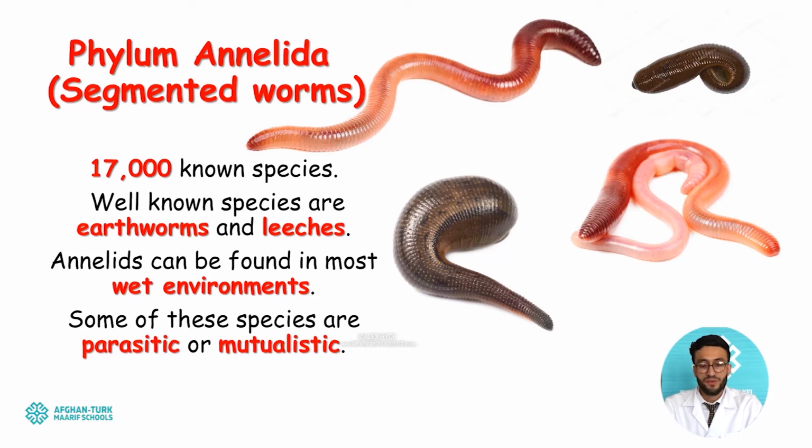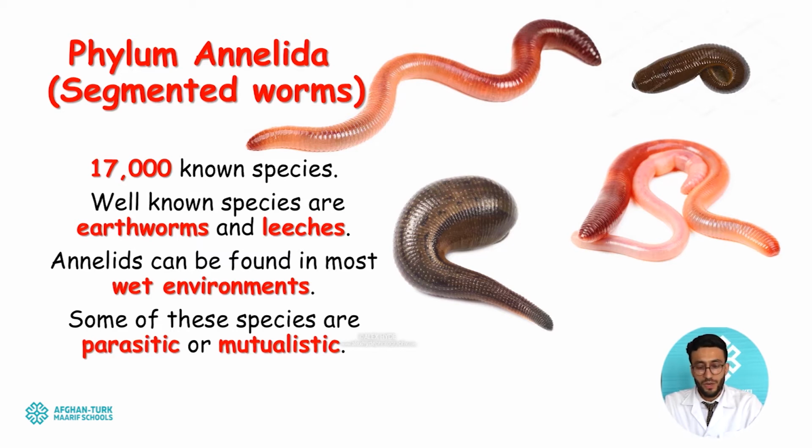For example, phylum Annelida refers to those animals whose body is cylindrical and segmented. As you are seeing in this picture, you can find the usual structure of the earthworm or the leech. You can see that their body is segmented. Therefore we call it phylum Annelida, or segmented worms.